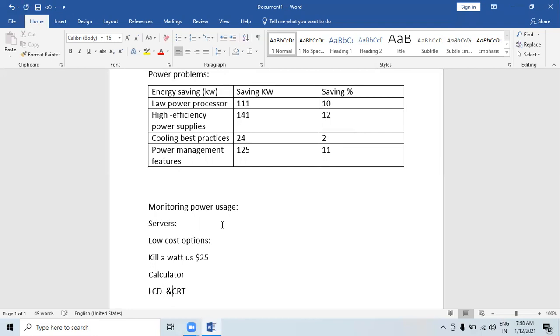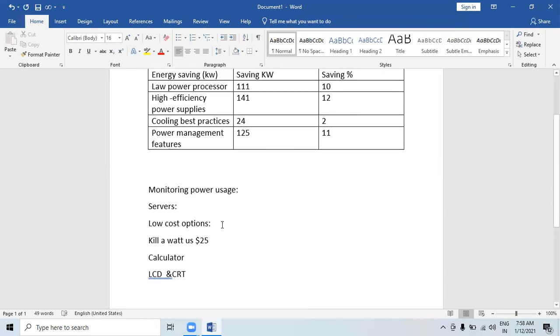Okay, then this is in the calculator part. Then compare different models of the same type of monitor to determine which one carries the lowest total cost when power is considered.